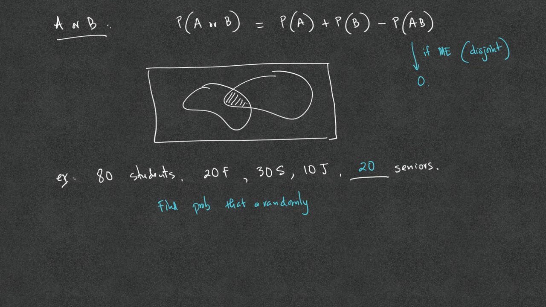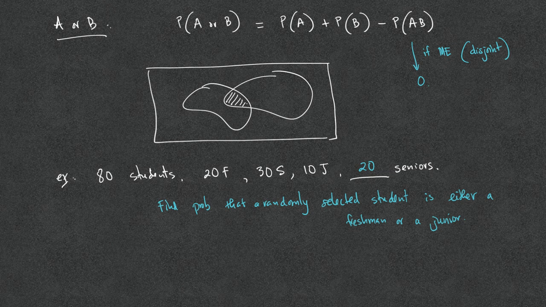The probability that a randomly selected student is either a freshman or a junior.